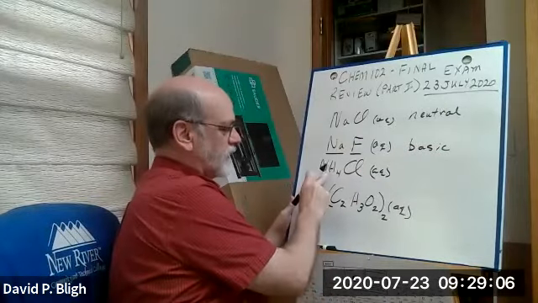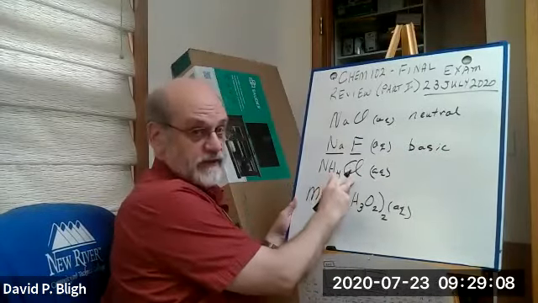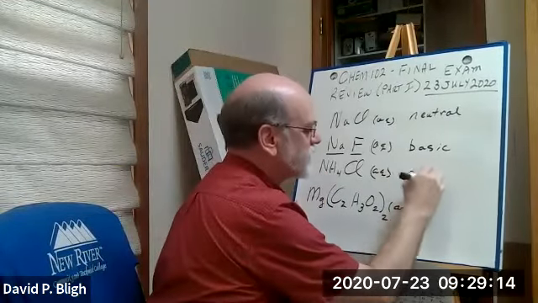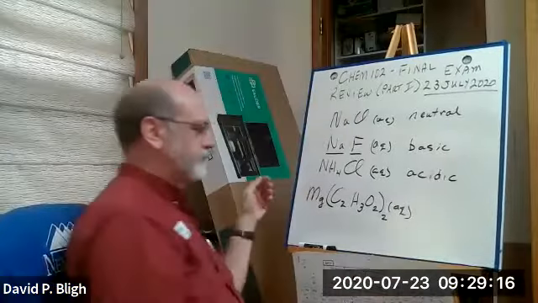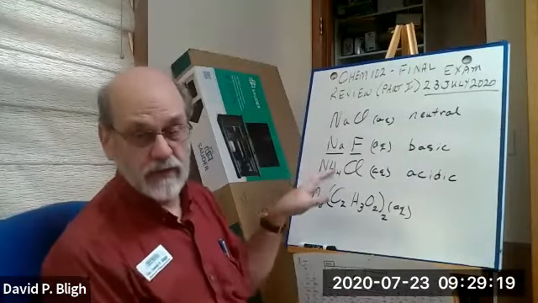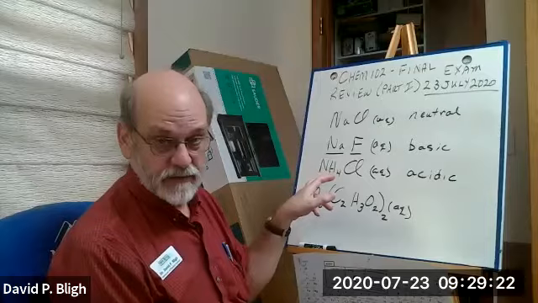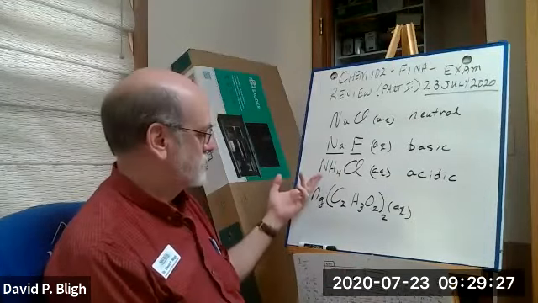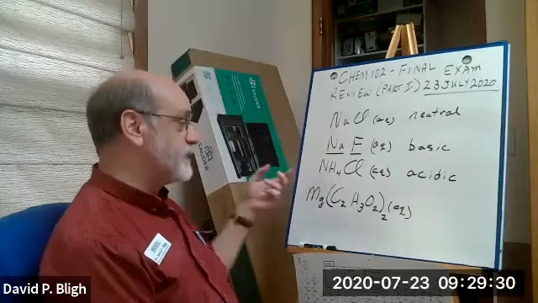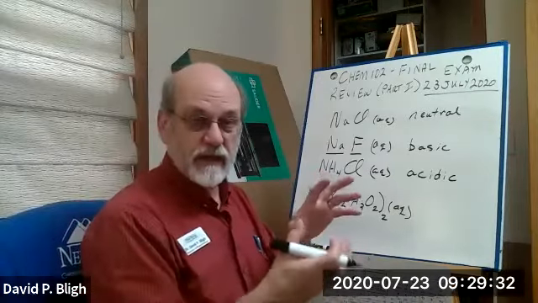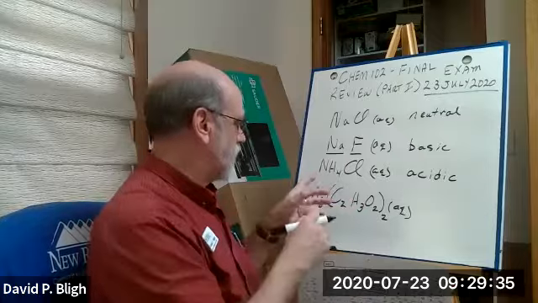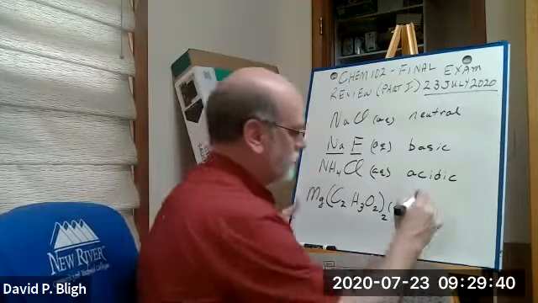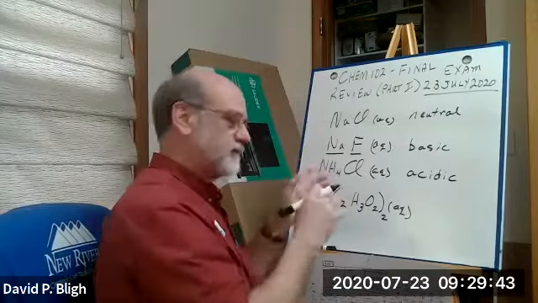How about this one? That's formed from a strong acid. Ammonium is a weak base. So it's an acidic solution. Now, why is ammonium a weak base? It has very weak attraction. Well, let's say if it's a weak base, that means it had to be derived from a strong acid. Well, actually, ammonium, let's put it this way. Back up.